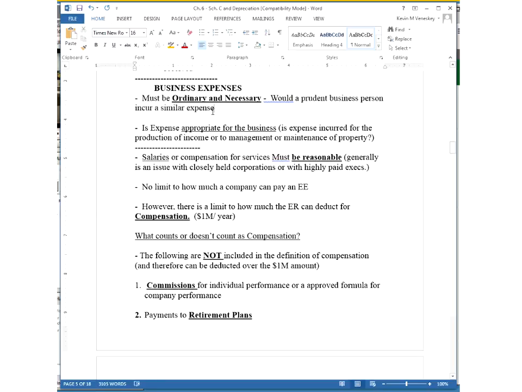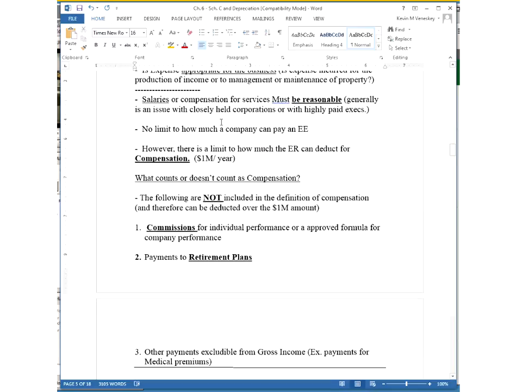So is it necessary for you to fly first class versus business class or coach? First class would probably not be a necessary or ordinary expense. If you paid $1,000 for a first class ticket when a coach ticket only costs $500, you could still deduct the $500, just not the excess $500 that you paid for first class.